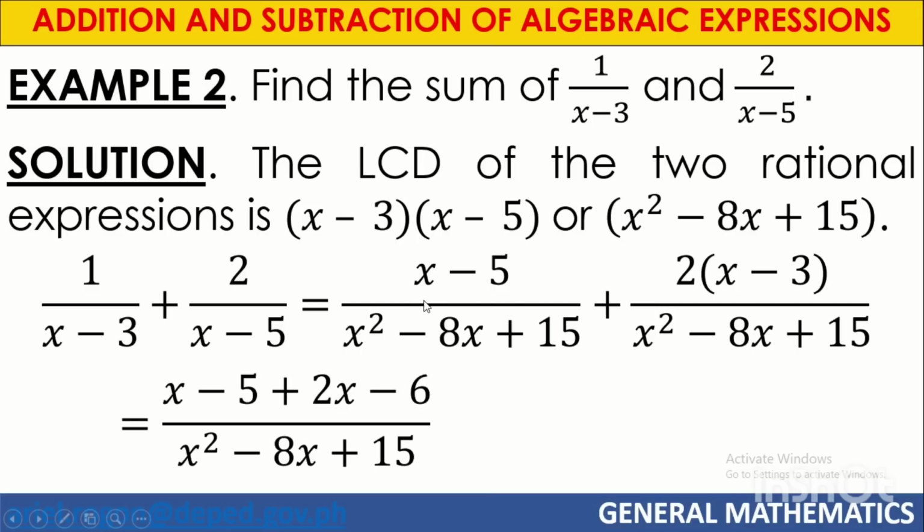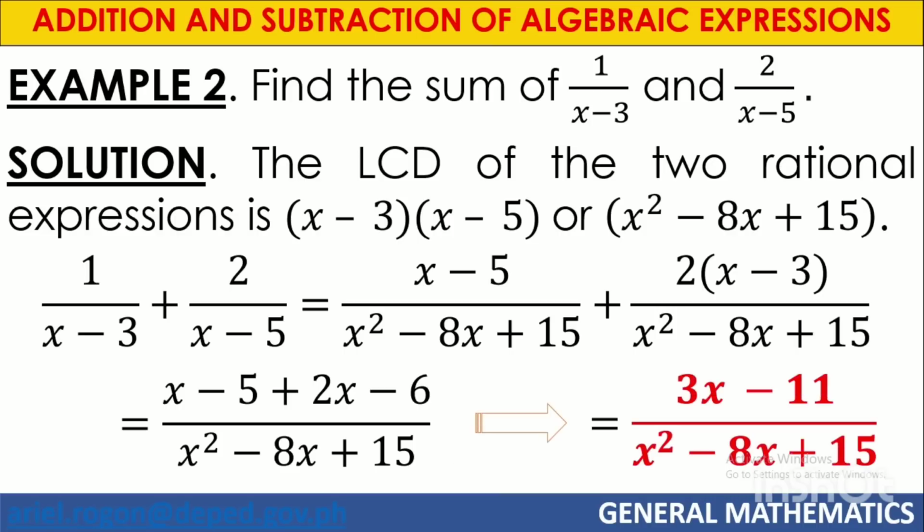First, we add the numerators: x minus 5 plus, distributing inside, 2 times x is 2x, 2 times negative 3 is negative 6. So that is x minus 5 plus 2x minus 6 all over x squared minus 8x plus 15.